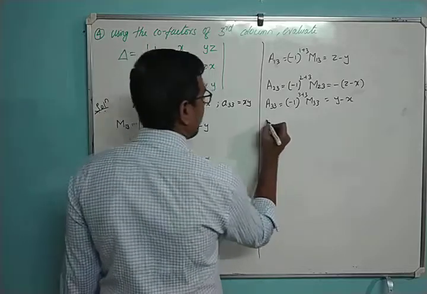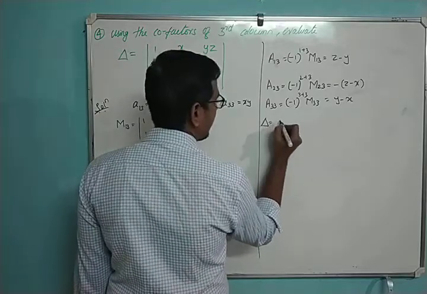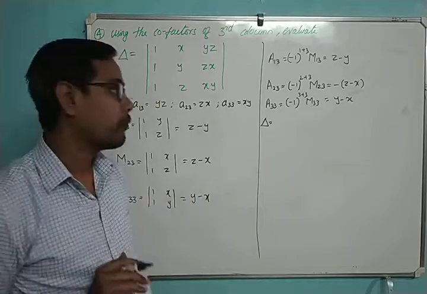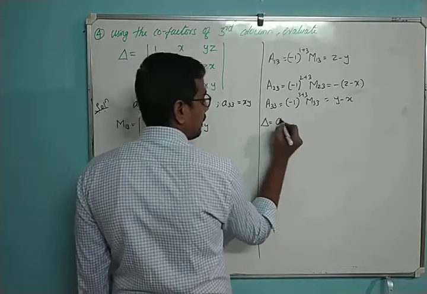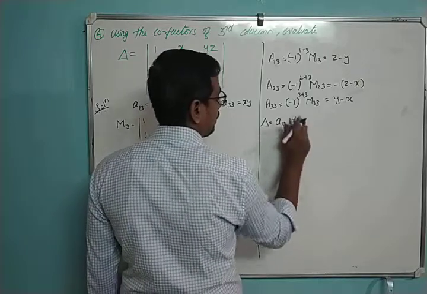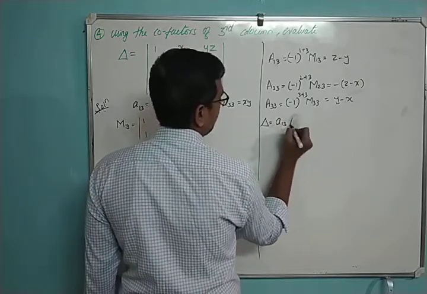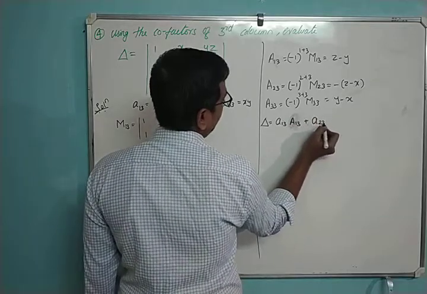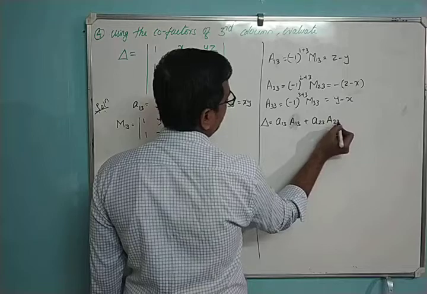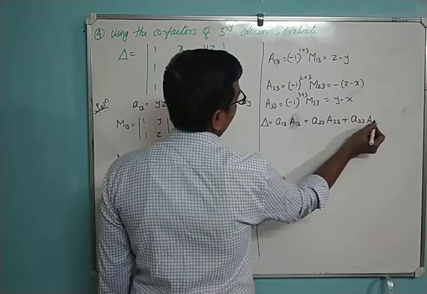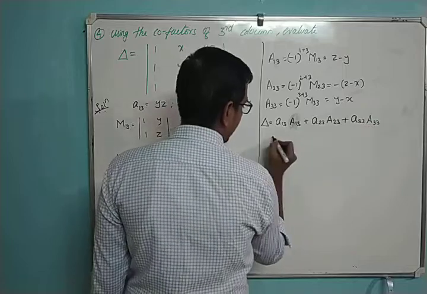Now let's find the value of determinant. When we are using cofactors of third column, the value should be a13 into A13 plus a23 into A23 plus a33 into A33. Right?